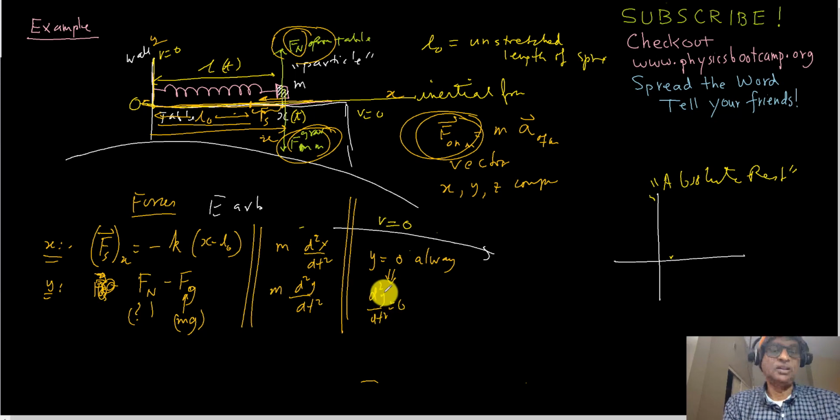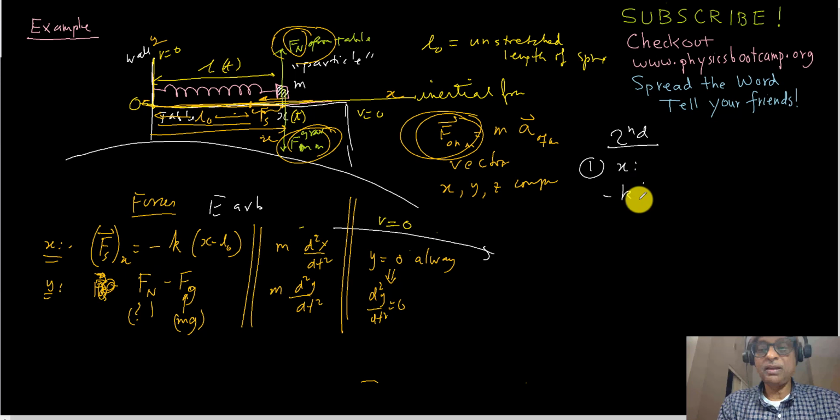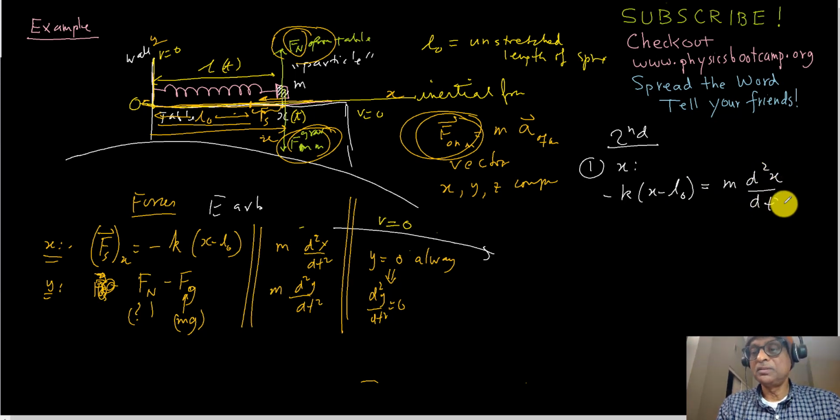So now, let me erase a little bit. The second law tells me two equations. Along x I have minus k times (x minus L0) equal to m d square x dt square.